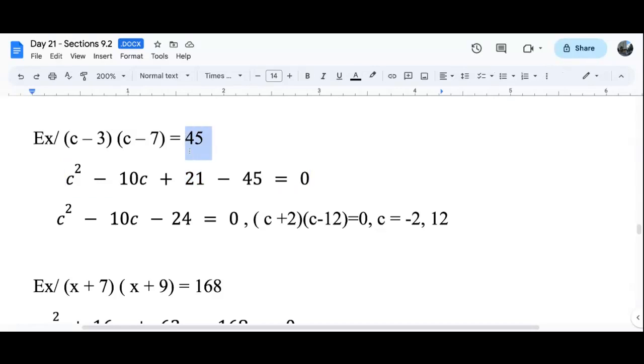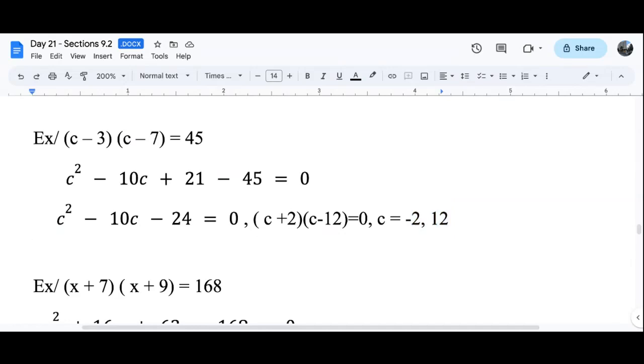Then we move 45 to the same side, that becomes negative 45. So now we have 0 on the right-hand side. Then they simplify to c squared minus 10c minus 24. Well, minus 24 can be factored as positive 2 and negative 12. So I have two solutions for c, negative 2 and 12.